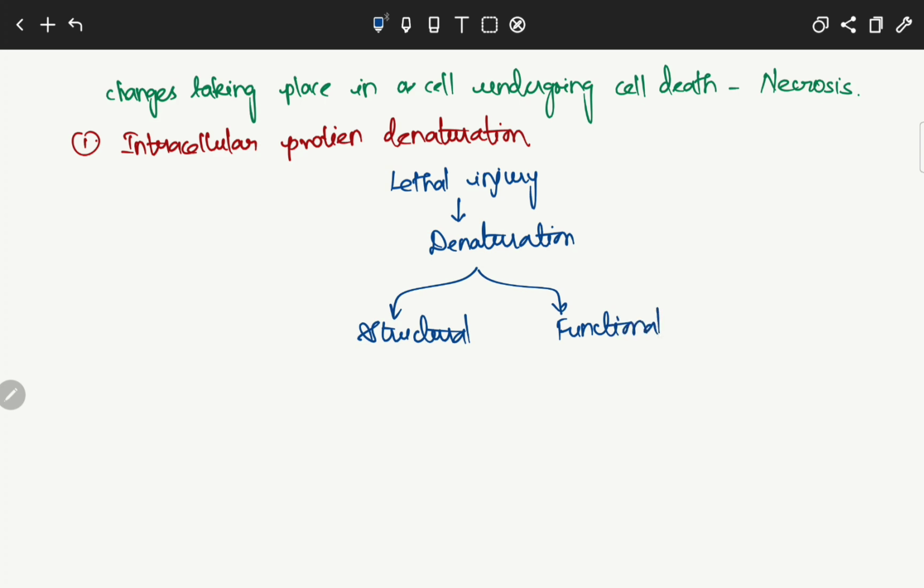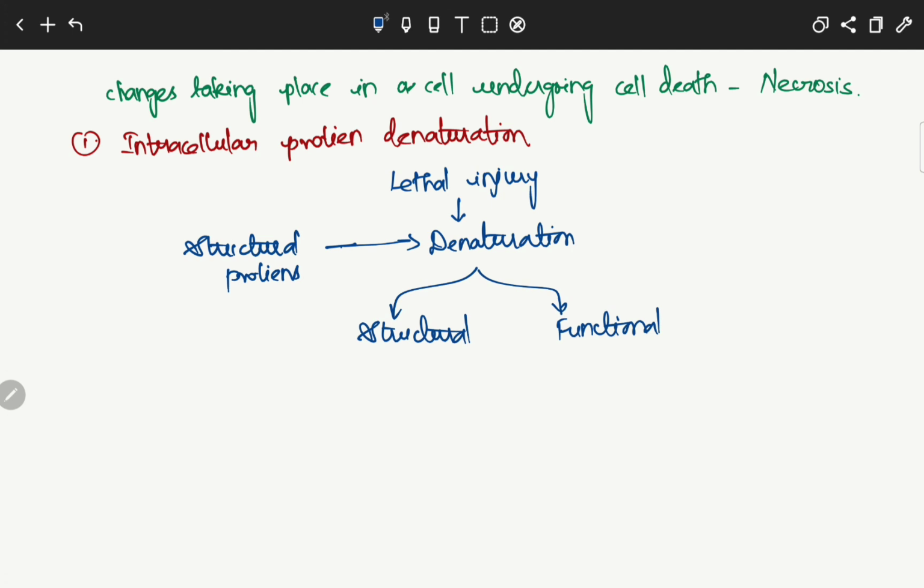How this leads to structural and functional changes? So what happens when the structural proteins undergo denaturation? What are all the structural proteins? Those which help in the formation of the cell membrane. Those are all the structural proteins.